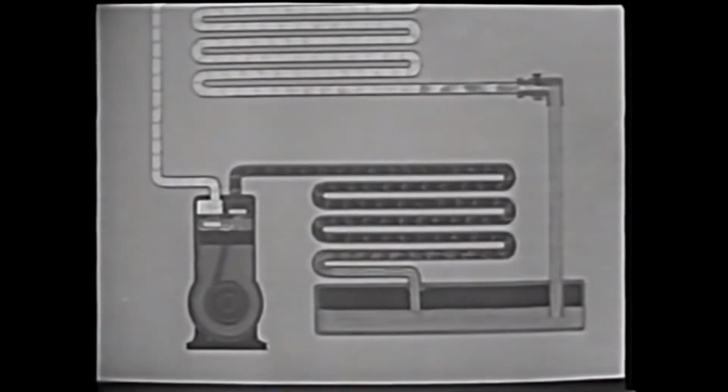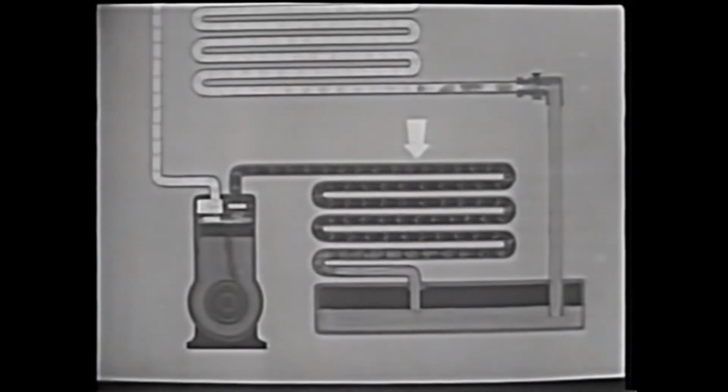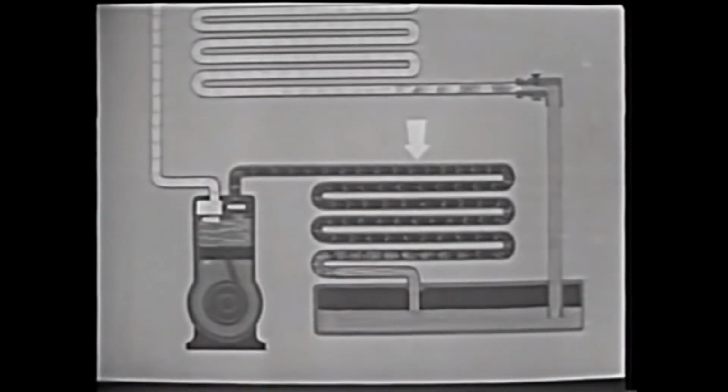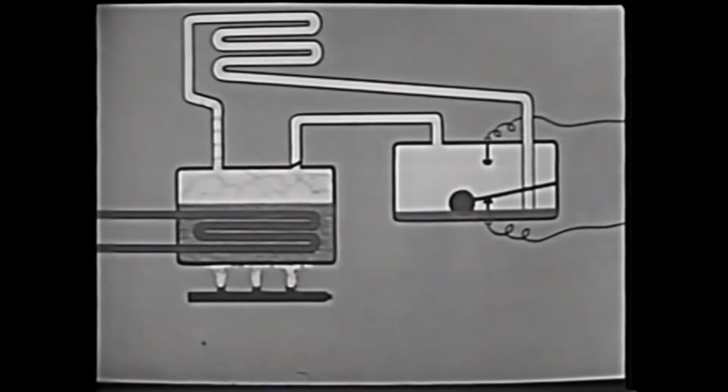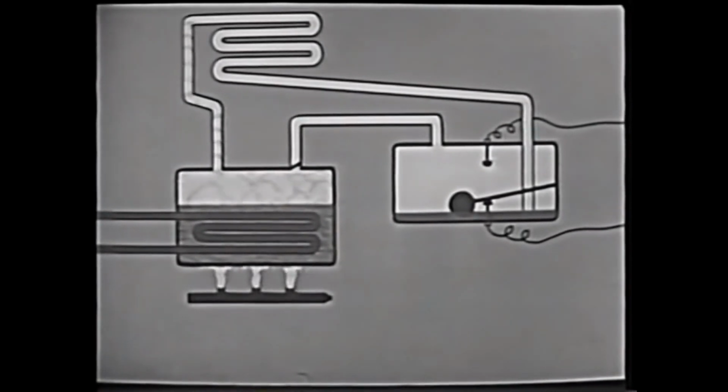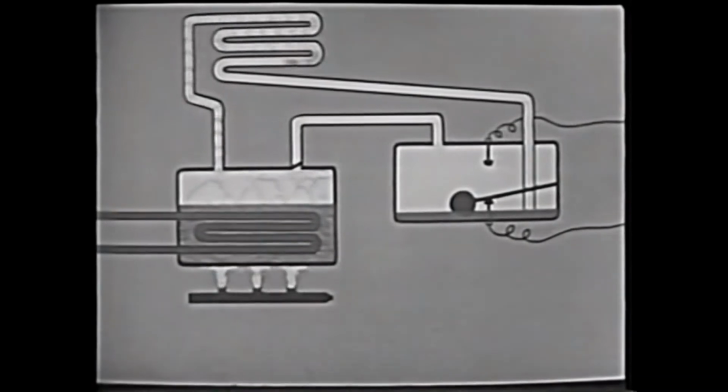The gaseous refrigerant loses this heat in the condenser and changes back to a liquid. In the absorption system, heat energy provides the initial movement when the refrigerant is released as a gas from the absorbent. After losing its heat and liquefying in the condenser, it moves by gravity flow and collects in the cooling unit.